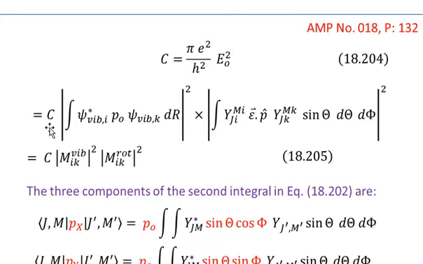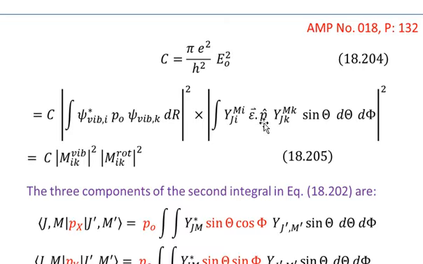Putting the value of C back over here, you see that one integral will contain p naught, and the other integral will contain E dot p hat. This is p hat, which I have moved over here. p naught is what I have moved into the vibrational integral, because p naught contains the radial part. It will not be operated on by the angular part, so it can be taken out of the angular part and moved into the radial part of the integral, which is the vibrational part of the integral.